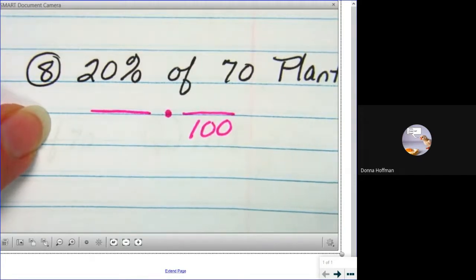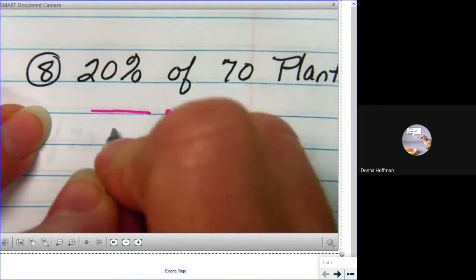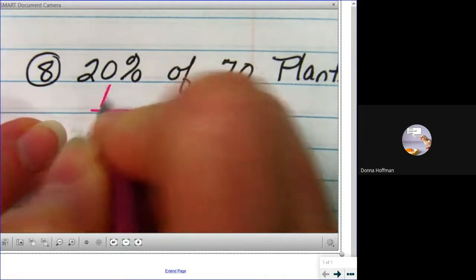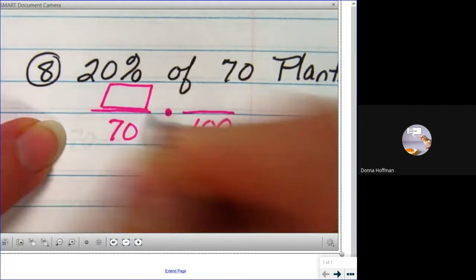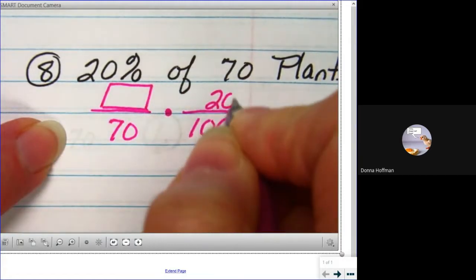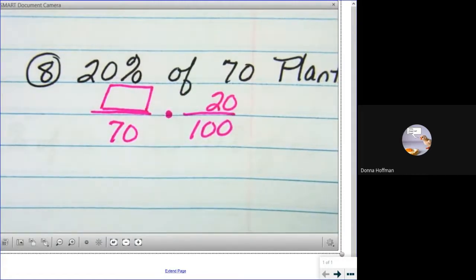Where do I put the 20? Where do I put the 70? This one should be super duper easy because it's just 2 times 7 really, and you add your 2 zeros. 1,400, yeah.